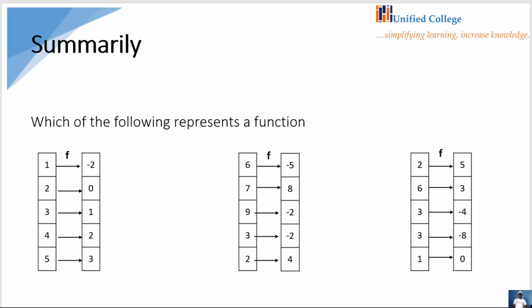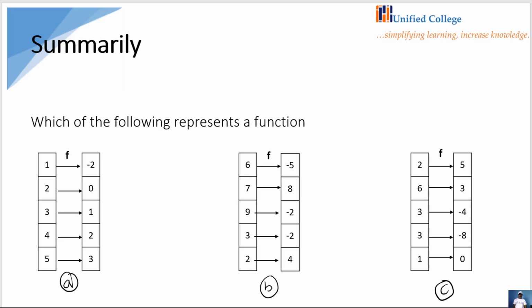Now, summarily, this question says, which of the following represents a function? Let's look at these three relations. Let's label this one A, label this B, label this C. Which of the following represents a function? The idea in this question is to watch out for an input that is repeated.